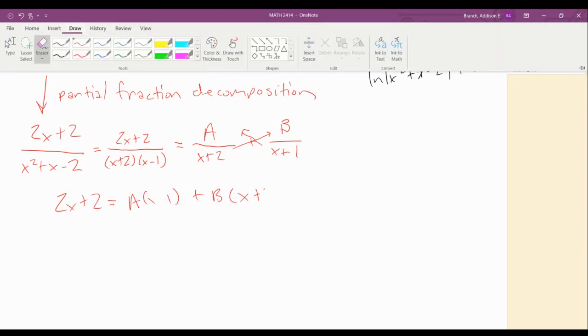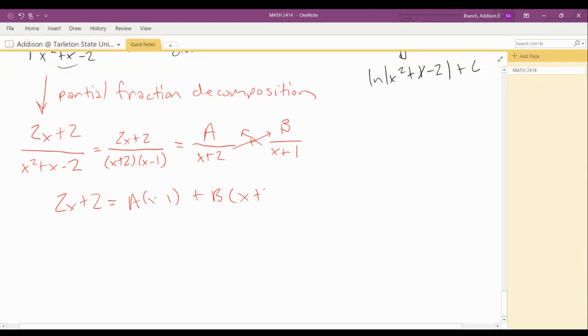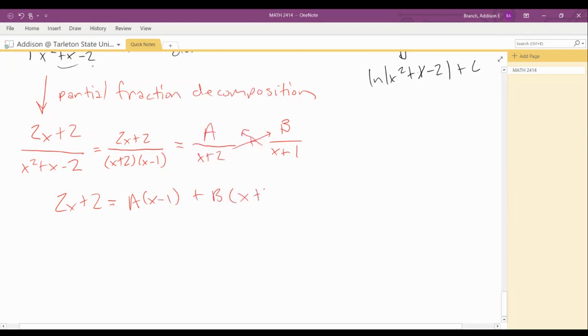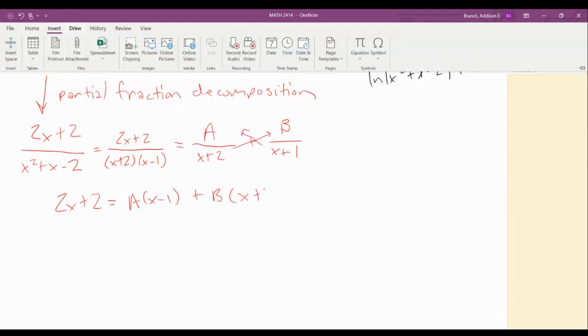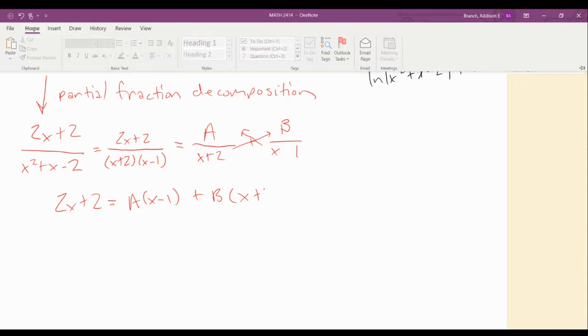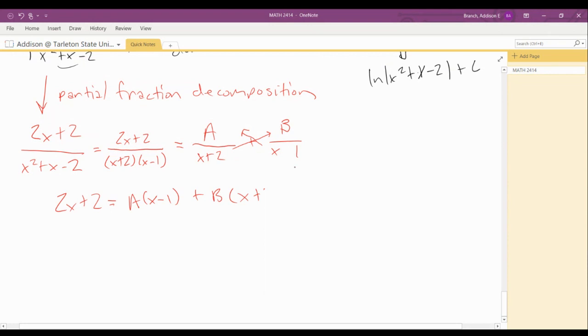Good thing I caught that before we got really far into the integral. That is an x minus 1. All right, and we have our x plus 2 right here.